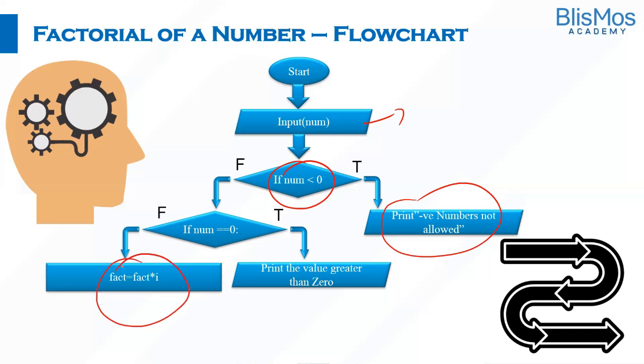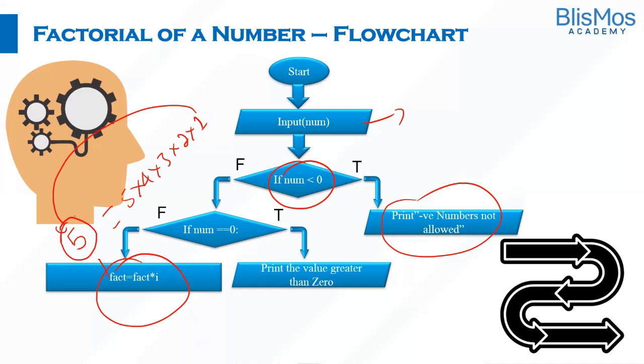How do you compute the factorial of a number? Pretty easy. The computation involved here is, all you have to do is whatever the number which is specified by a user, that number into all the numbers between 1 and that number. How will you do that? We can do that by iterating through all the numbers between 1 and that number.